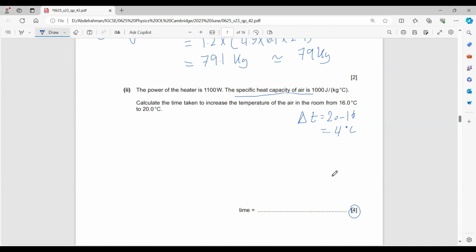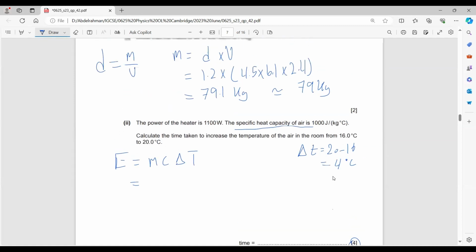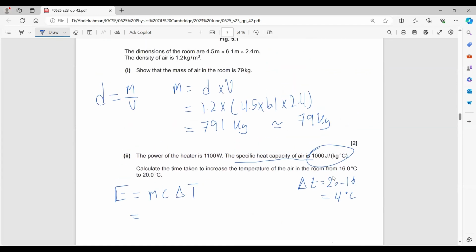Do we write the equation of specific heat capacity? Yes. E is equal to mc delta T. We're trying to find time, but you need the energy initially.